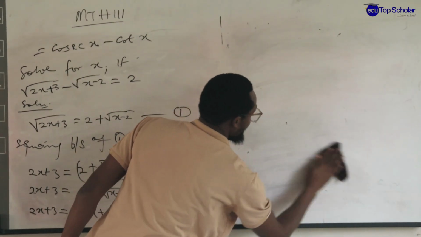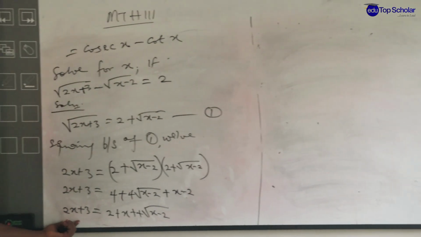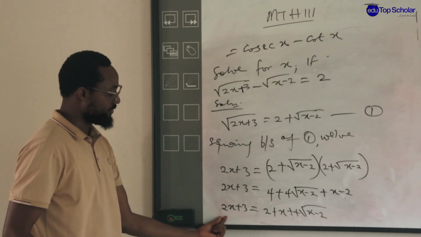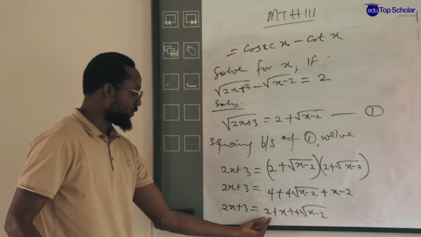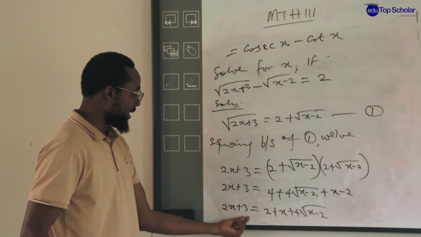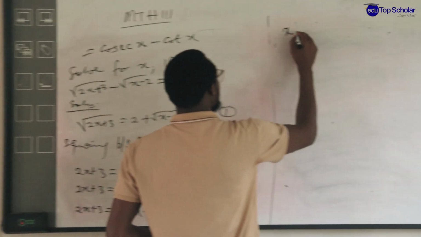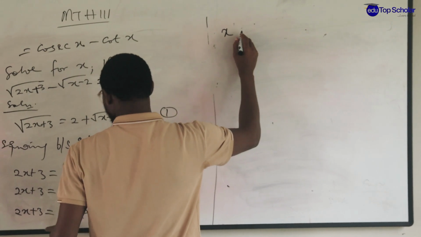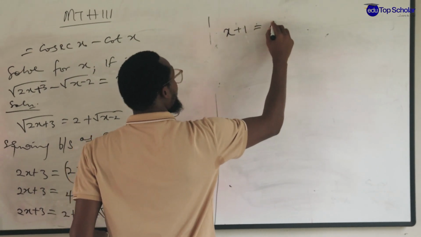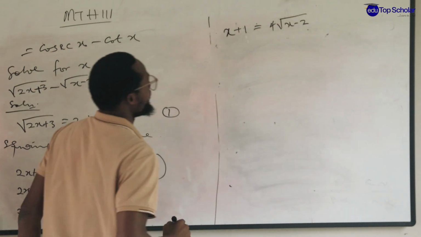We have 2x here already. When x crosses over the equation, it becomes minus, so that is reduced to x. We have 2 here. When it crosses over the equation, it becomes minus. So 3 minus 2 will also give me 1. That implies we now have x plus 1 equals 4 root x minus 2.